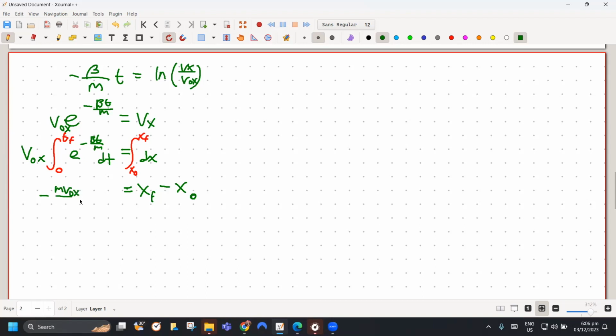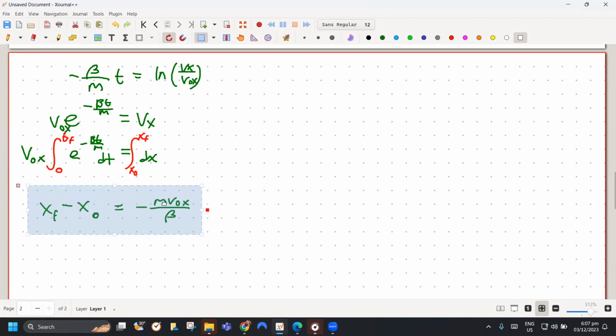Actually, ibalik mo na yung order. XF minus X0 equals. Okay, pwede ko po lang di ba to? Ngayon, maglagay ka na lang ng space para klaro. Space, space. There.